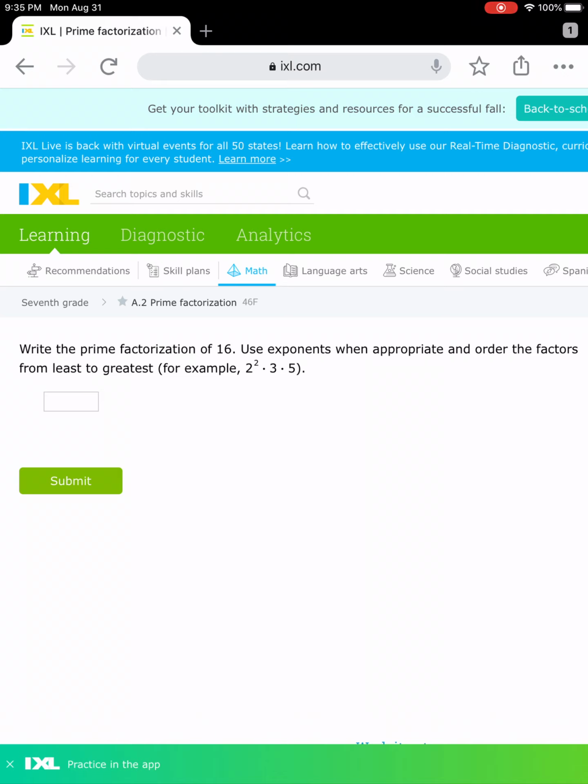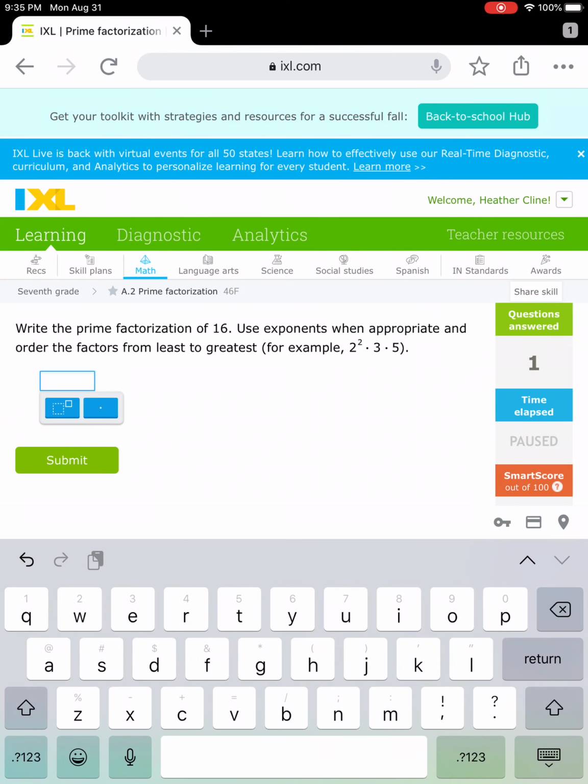So if we're doing the prime factorization of 16, two numbers that give me 16 would be 2 times 8. 2 is prime, and then I'd have 2 times 4. 2 is prime, and then I would have 2 times 2, which is also prime. So I'm going to have 2, and then notice what pops up.